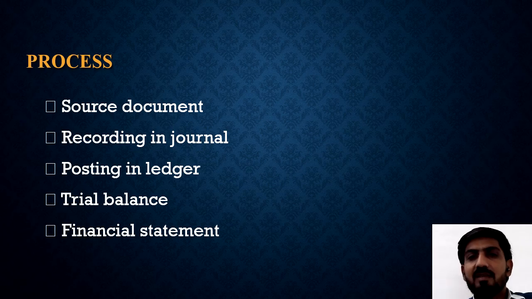So this cycle starts with the happening of event, and these events are recorded on the basis of the source document. For example, if a particular person, for example, XYZ, sells goods of 10,000 rupees to another person, that is nothing but a particular transaction, and these transactions are documented.